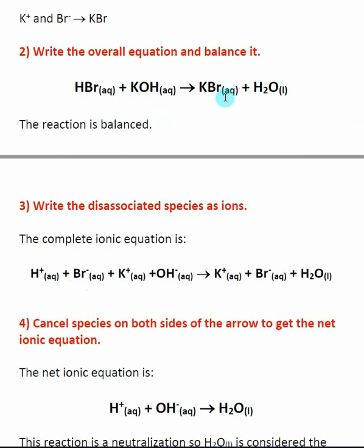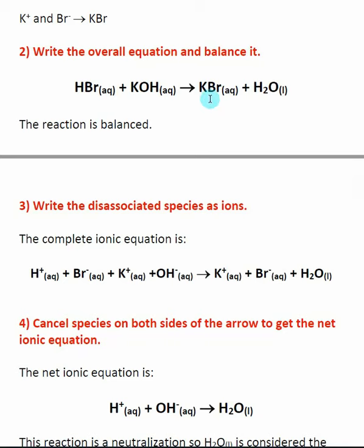KBr is a soluble salt, so it's not really an acid or a base anymore, but because it's attached to a group 1 metal, and that's the main rule that you want to remember, things attached to group 1 metals are always soluble. A soluble salt is dissociated, so that's still true in these acid-base reactions.